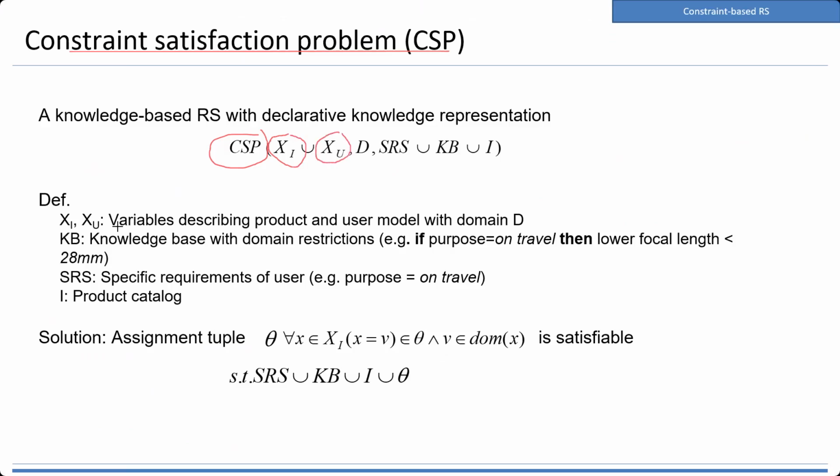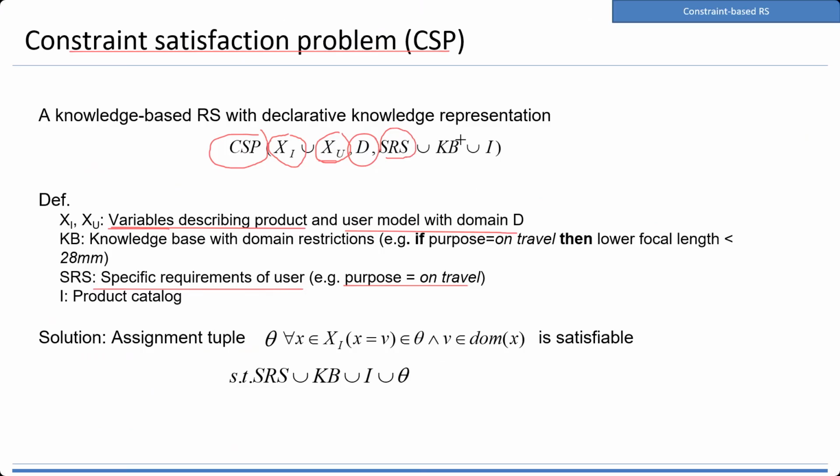Xi means a variable describing the product or item, and Xu is the variable describing the user model, with the domain D. And then we have the SRS, which is the specific requirements of users. For example, the purpose of buying the product is for traveling.